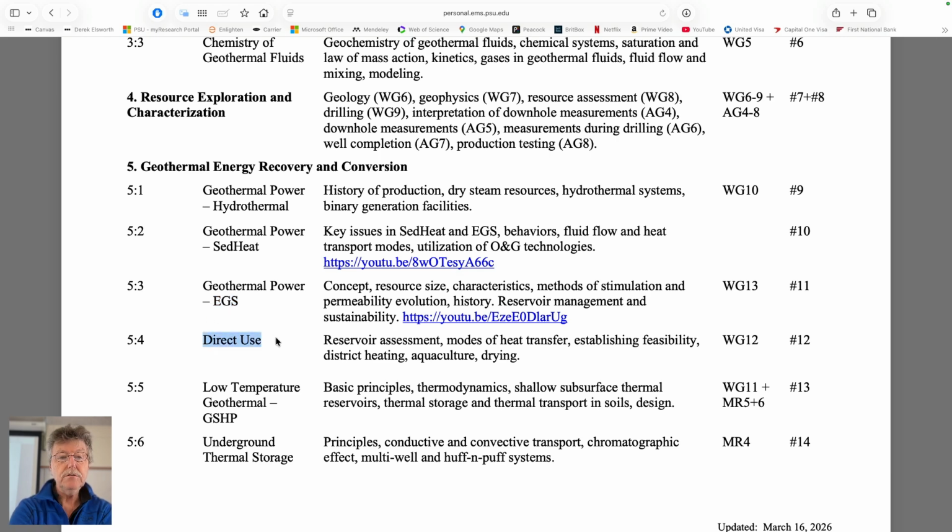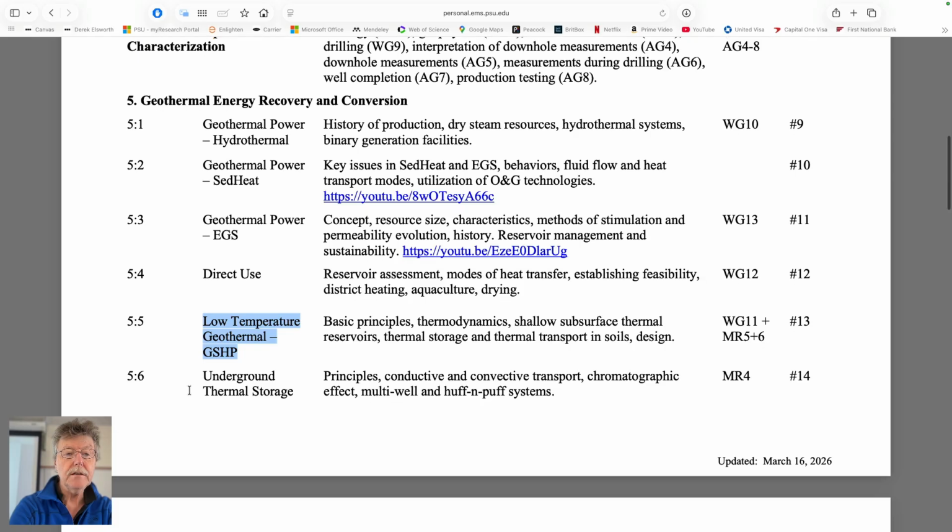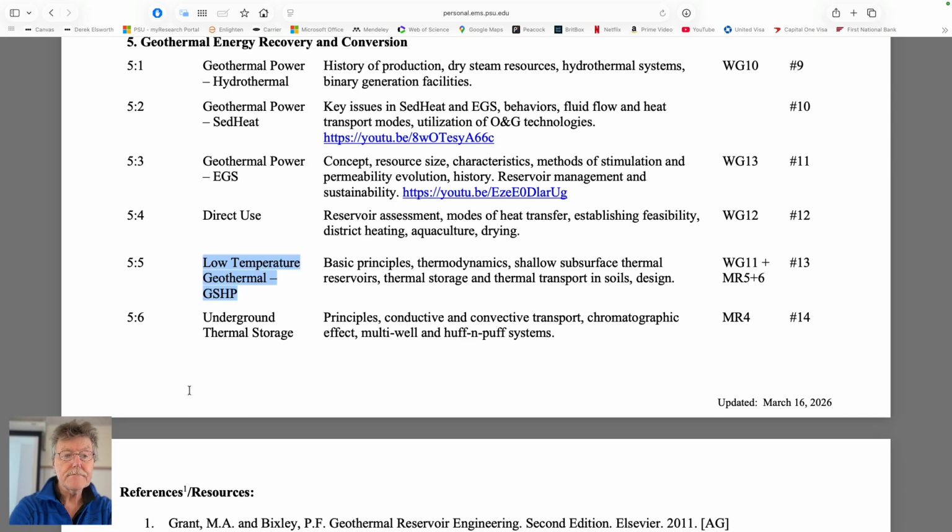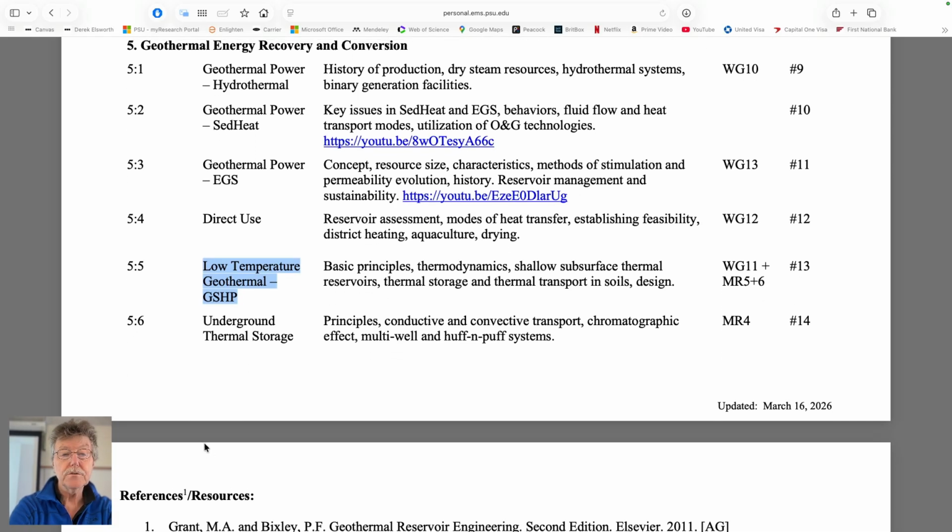We'll talk about direct use. We'll talk about the big place for jobs, I would think now, which would be ground-sourced heat pumps. All the other geothermal domains, I think, are quite niche and quite specialized, but ground-sourced heat pumps have become a huge thing. And then we'll talk about underground thermal storage.